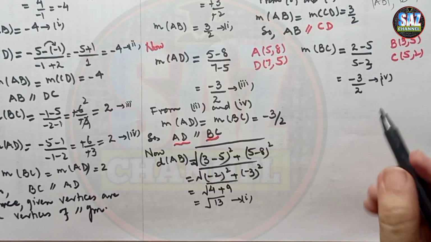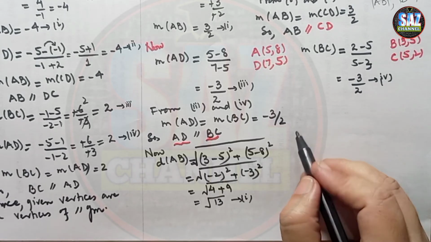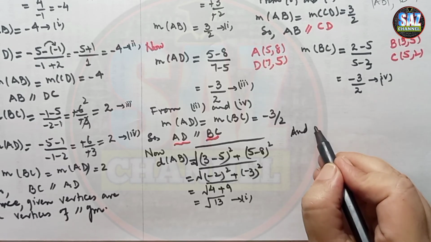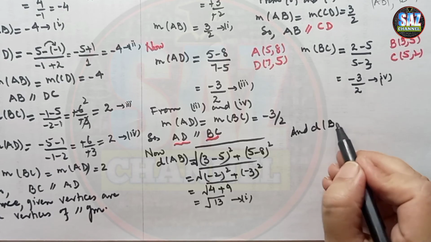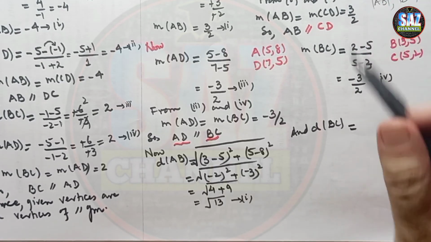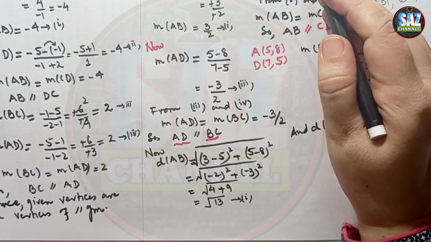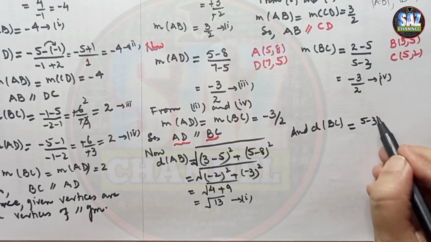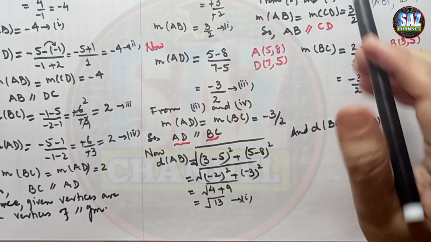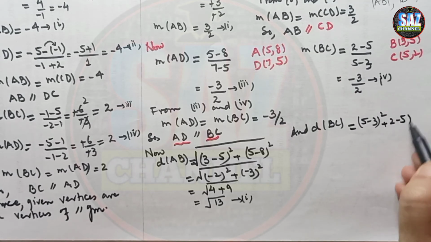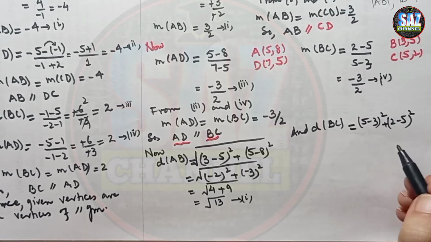Then the distance BC: that is 5 minus 3 whole square, and 2 minus 5 whole square.